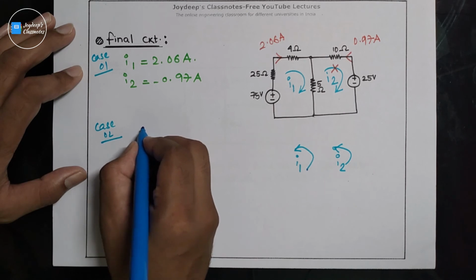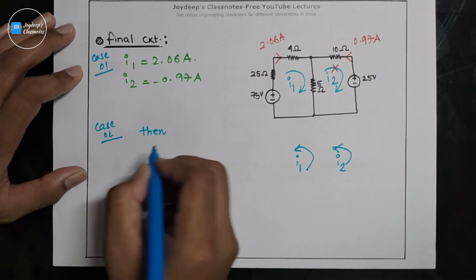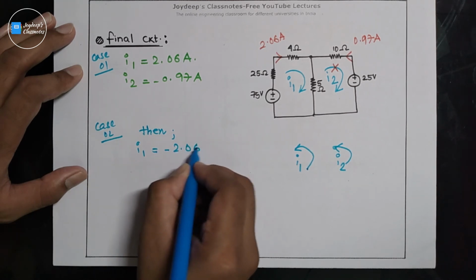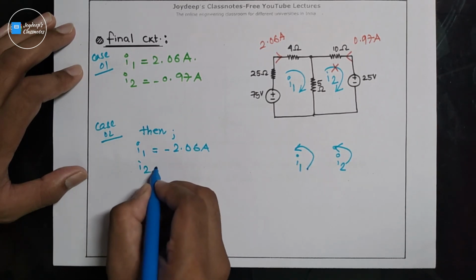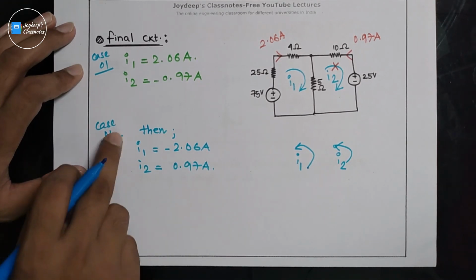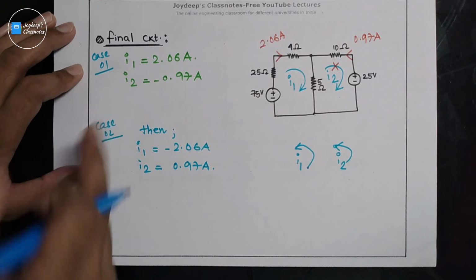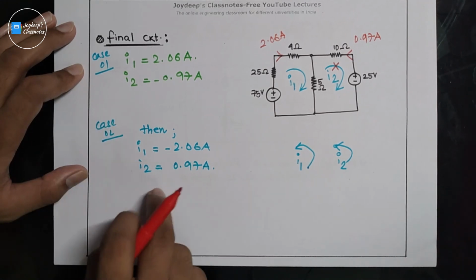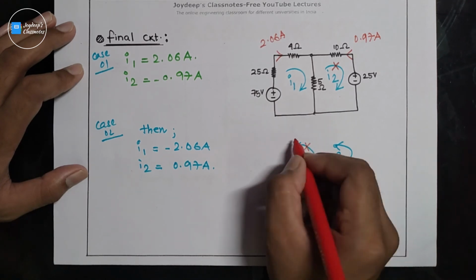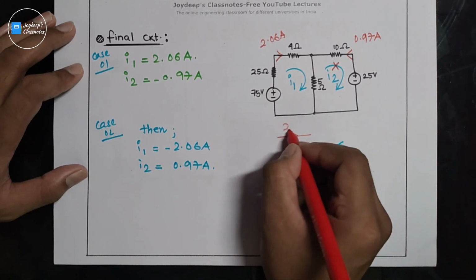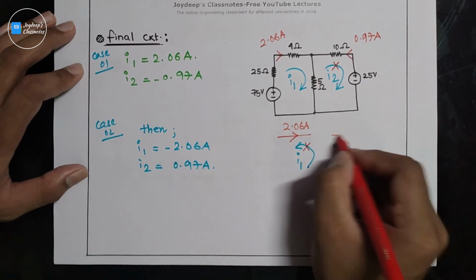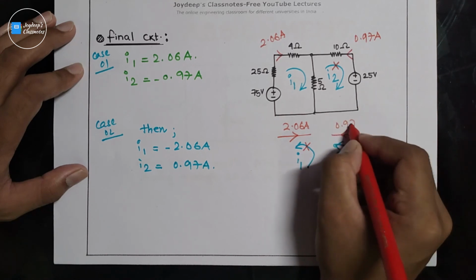Then your answer would have become I1 minus 2.06 amps and I2 0.97 amps. Just the opposite to this answer, right? So this answer is also correct. That means I1 is wrong. So I1 is flowing in this direction 2.06 amps, but I2 direction is correct, that is this 0.97.